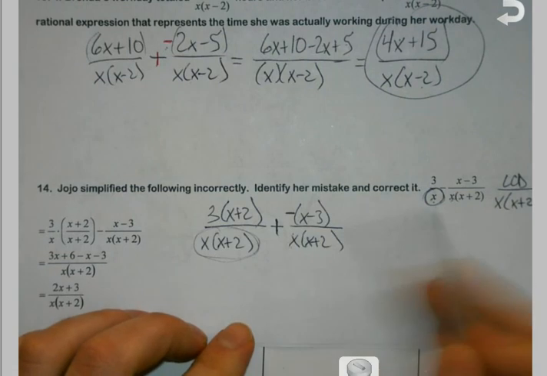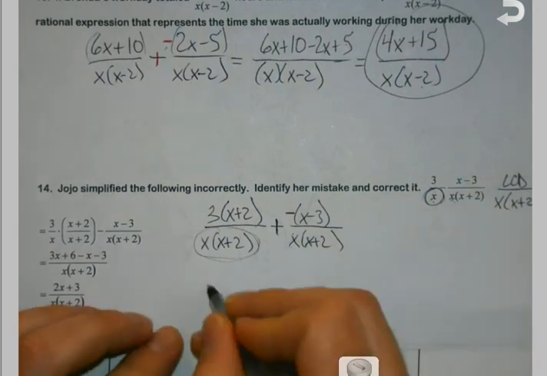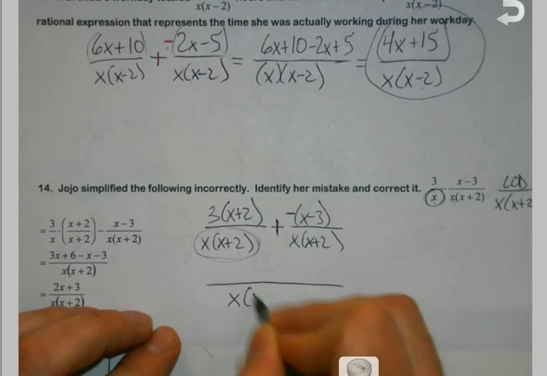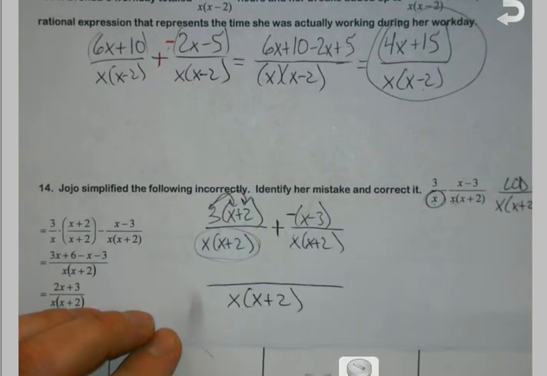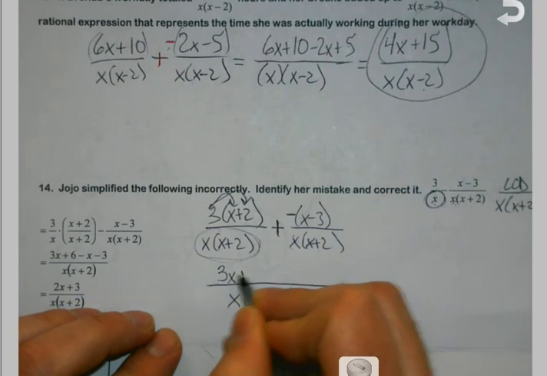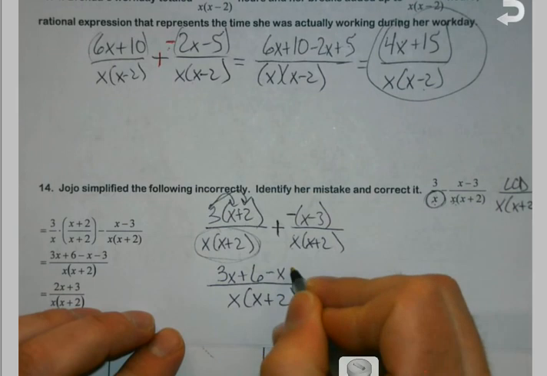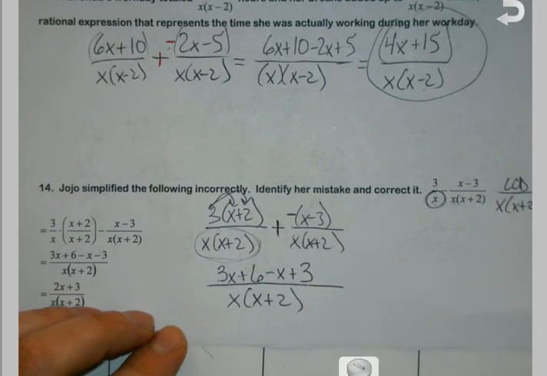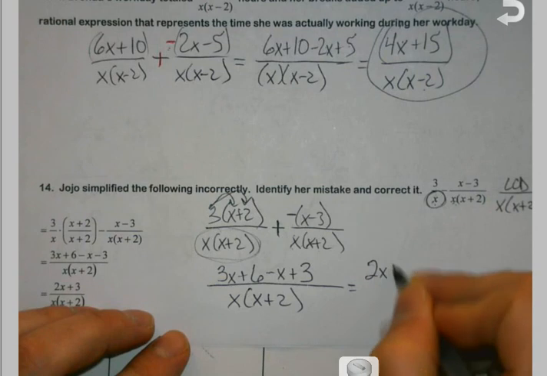Second one, though, I already have the x, and I already have the x plus 2. Sweet. So here I'll distribute. So I've got 3x plus 6. And distribute my negative, negative x plus 3. And we'll combine like terms and see where we're at here.